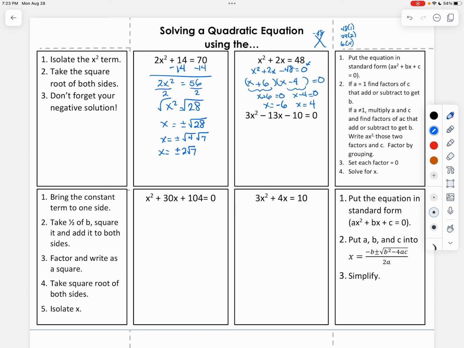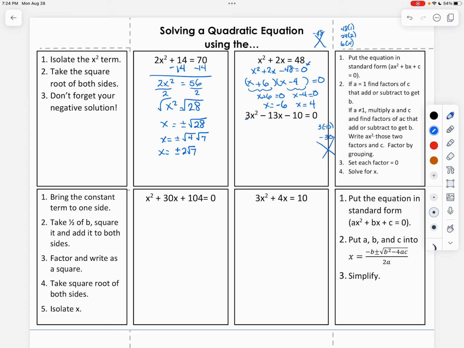When we have a leading coefficient, a number other than 1 in front of the x squared, there are a couple of methods to work with this. You can either guess and check by putting 3x times x in as your first terms, or you can multiply the a times the c. 3 times a negative 10 gives us a negative 30.